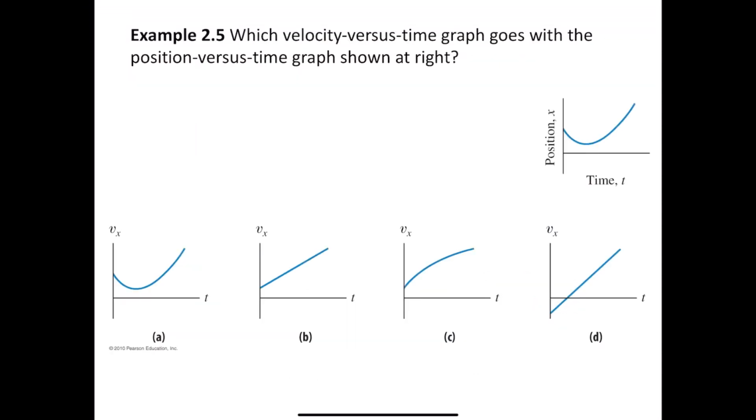Okay, look at here. Sometimes you want to get the idea, the plot from position to velocity. So if I say this is the position graph, which one should represent the instantaneous velocity at each point?